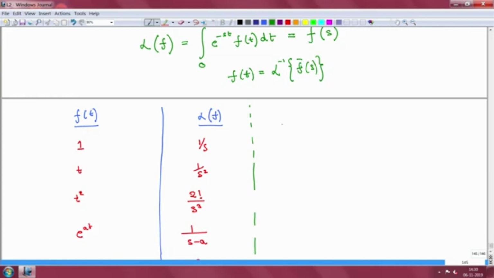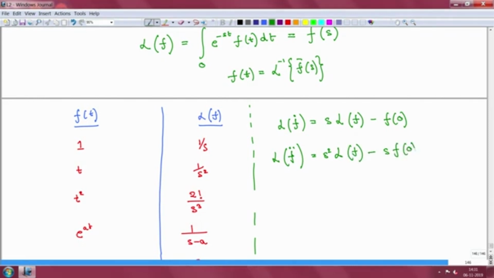Laplace of the derivative of f comes out as s times Laplace of f minus f evaluated at 0. The Laplace of f double dot comes out as s square times Laplace of f minus s times f of 0 minus f dot of 0.